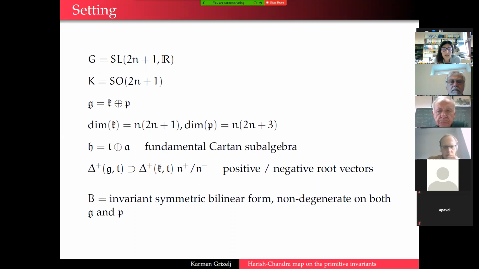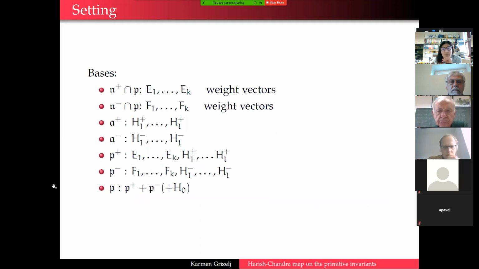And now let's denote by n plus and n minus the positive and negative root vectors in G. Also, we will need an invariant symmetric bilinear form, which is non-degenerate on G and P. So now we have to choose some basis.